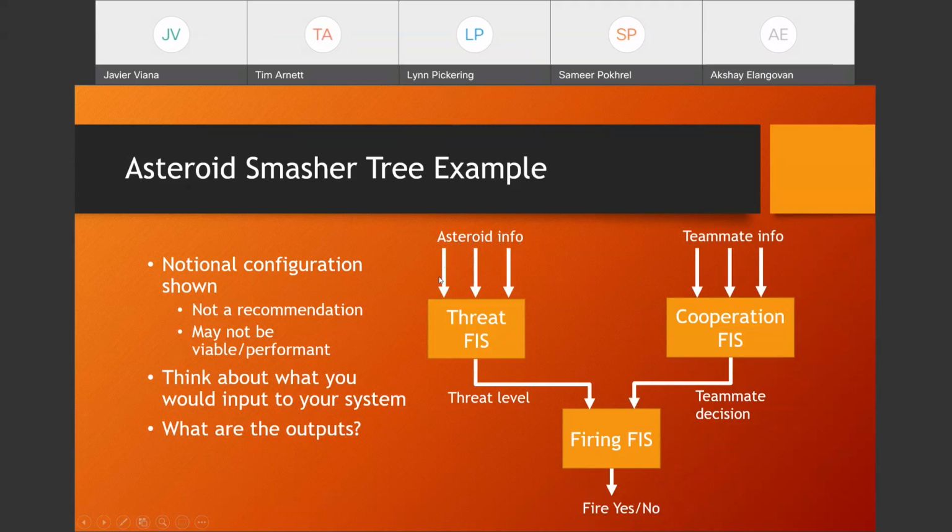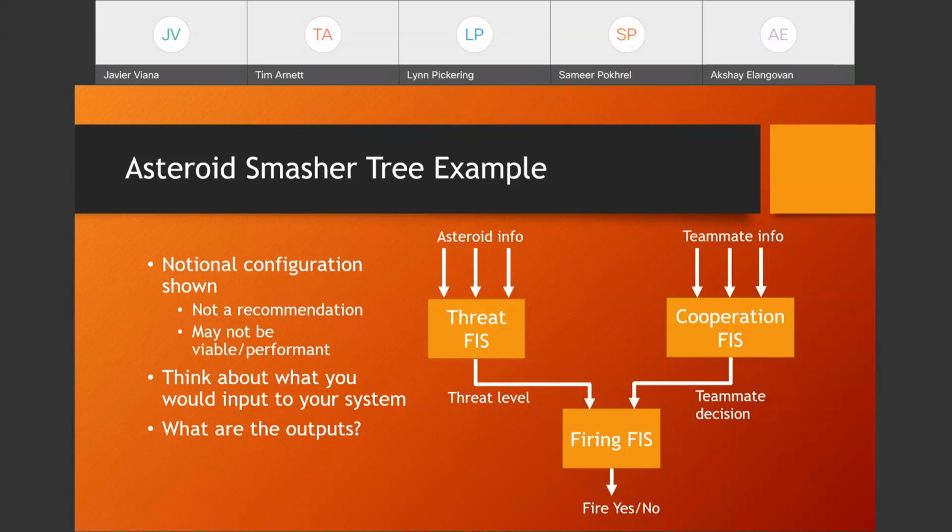Maybe it's the nearest asteroid, direction, distance, etc., and you calculate a threat level, and then based on that threat level plus whatever your teammate is doing, if this is the multi-agent situation, you can then combine your teammate's decision, whatever they're doing, plus the threat level that your own ship perceives, and then have another FIS that takes both of those in and decides whether to fire. So this is just a quick notional example.